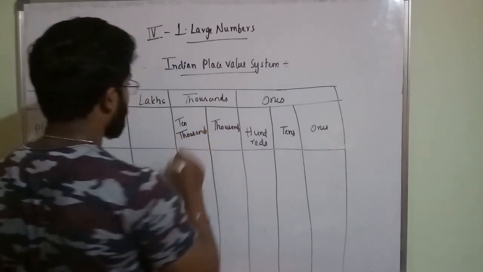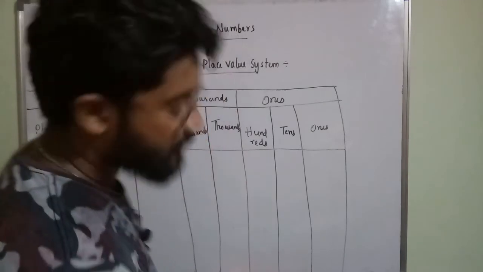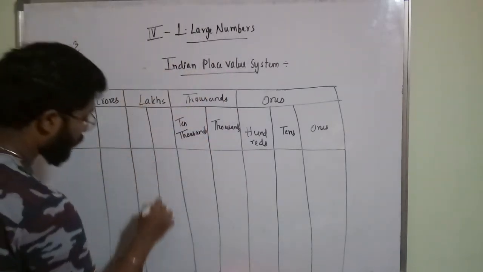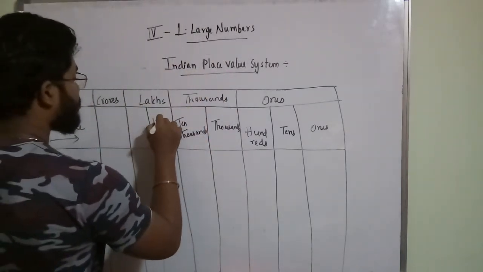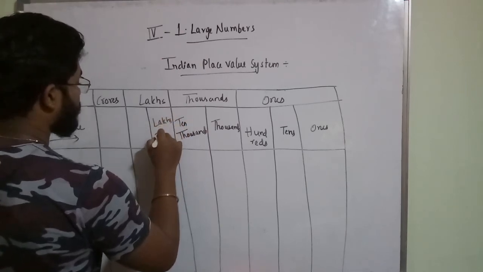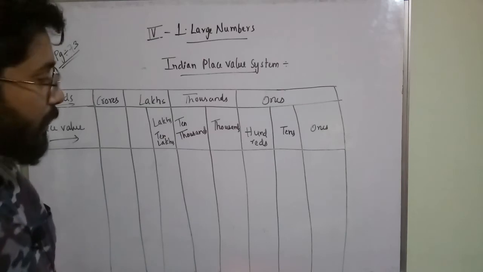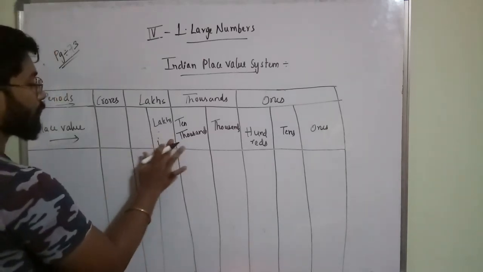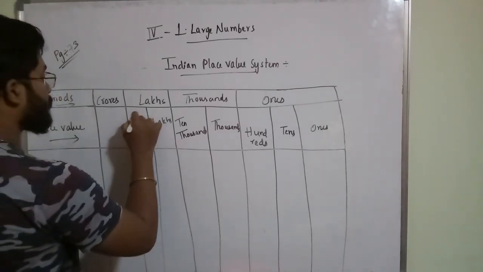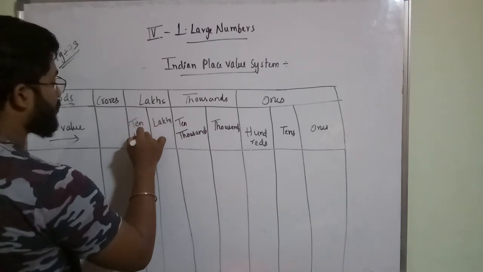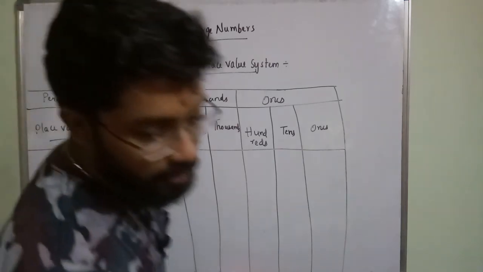Next, lakhs. We are having what? Lakhs, 10 lakhs. Sorry, I should not write this here. This is 10 lakhs. Next you are getting crores.